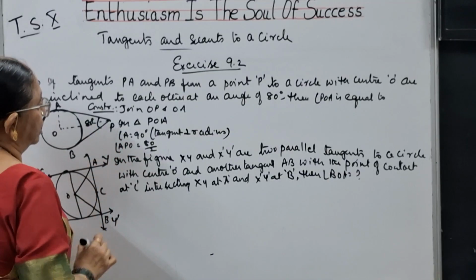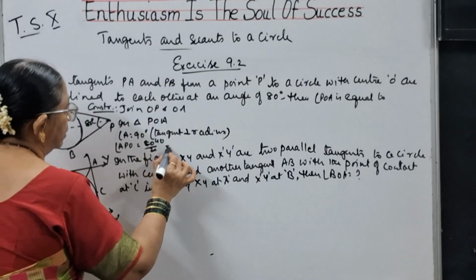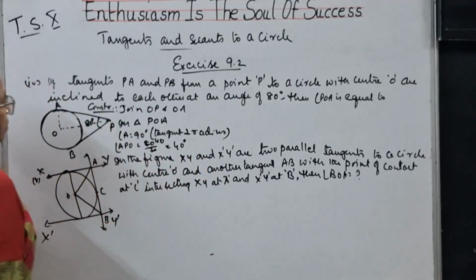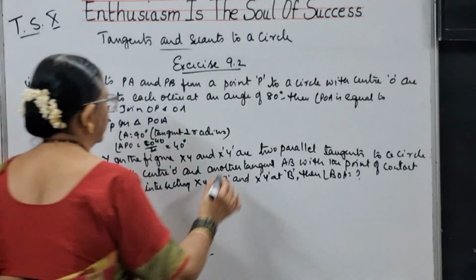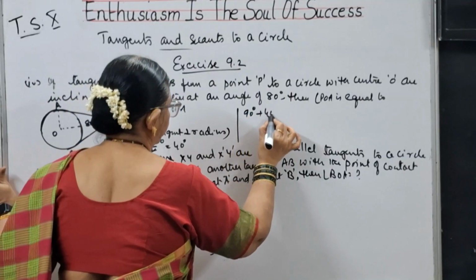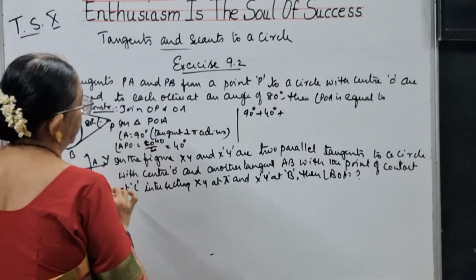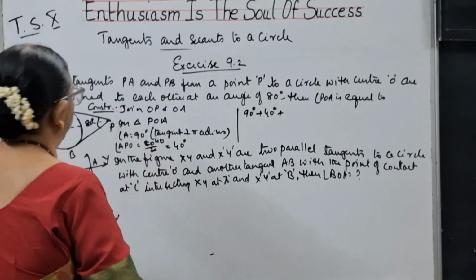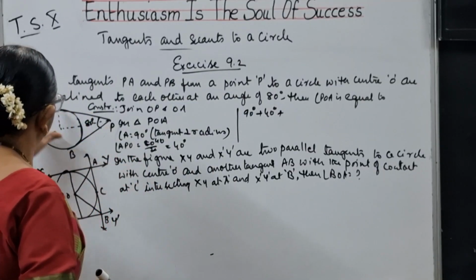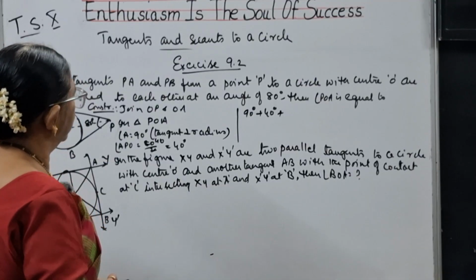So 80 degrees means how much are you getting? 40 degrees. So we can say that 90 degrees plus 40 degrees plus angle PAO is equal to the inclined angle.